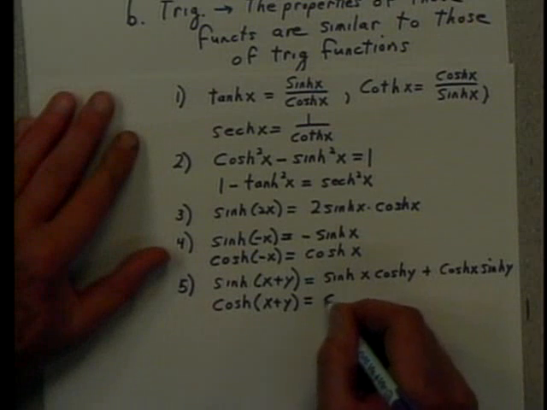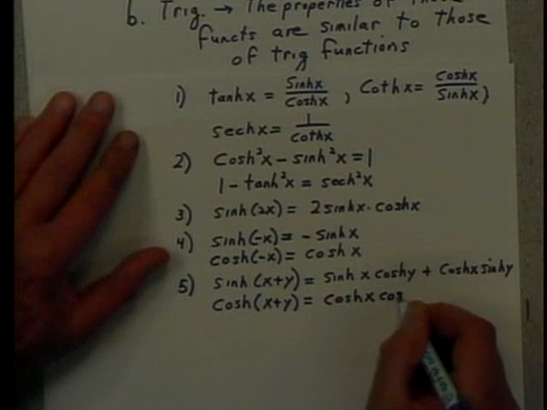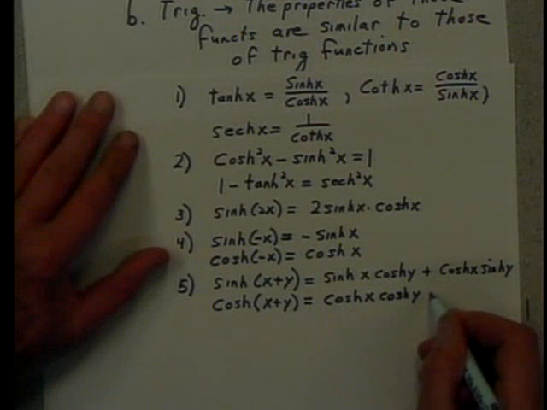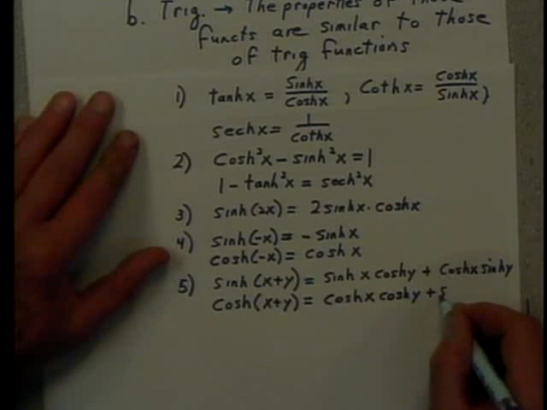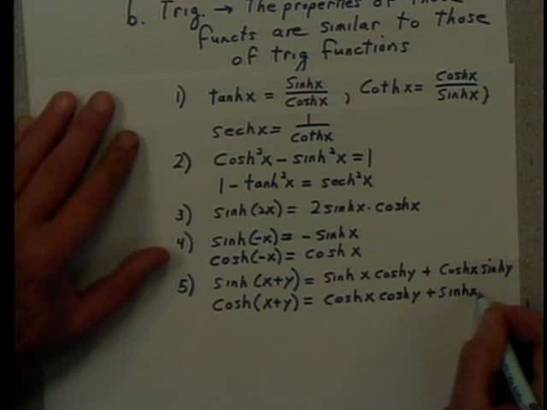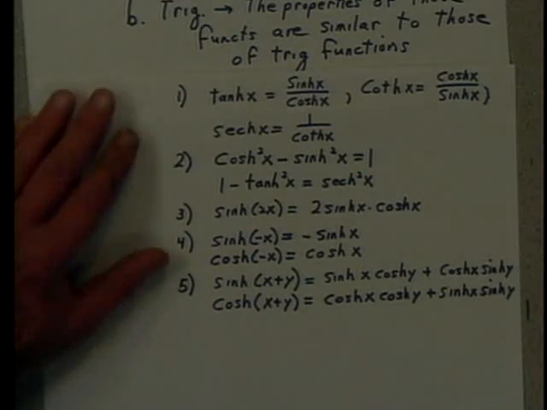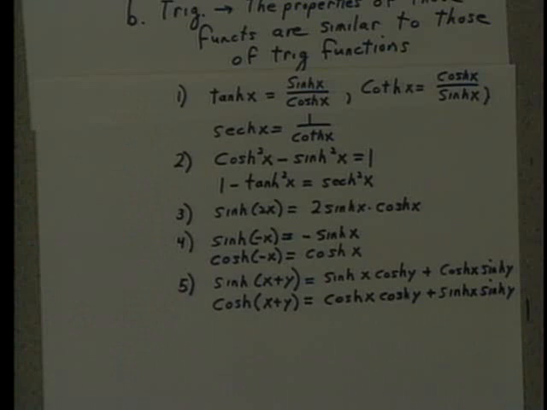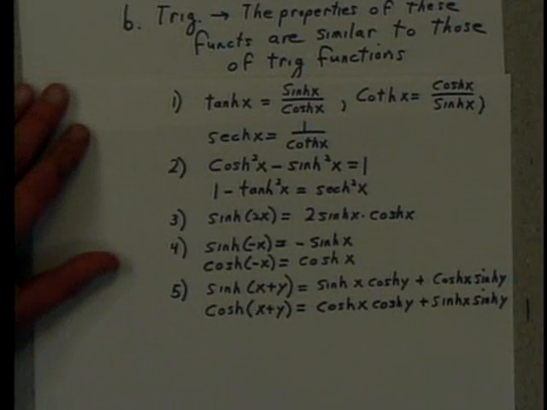Well, this one is just like the trig, cosh x cosh y. But right here, about the time you get confident again, instead of minus, this one is still plus. But then it's still sinh x times sinh y. Okay, we could make this list 4 times as long, but these are the ones I sorted out that are essential to doing your homework.